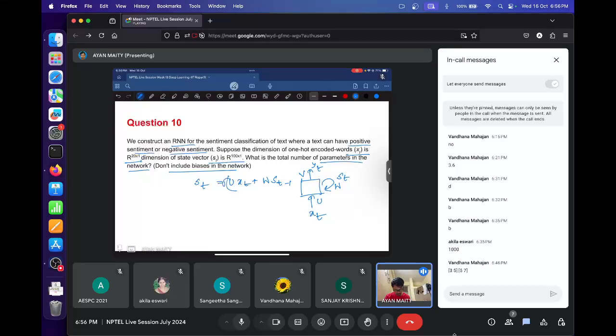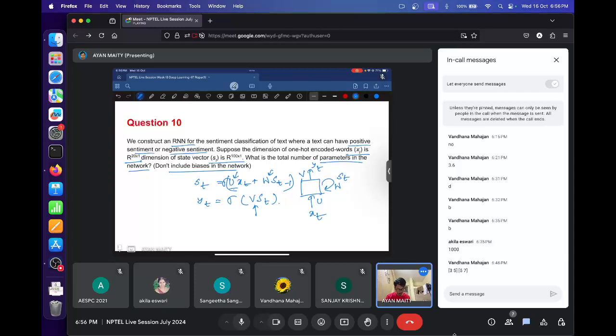Sigma we don't really have to think about. And then yt is the actual output, also some activation function sigma of V st. So W, U, V, these are the weight matrices. You have to find out the number of parameters in these weight matrices.